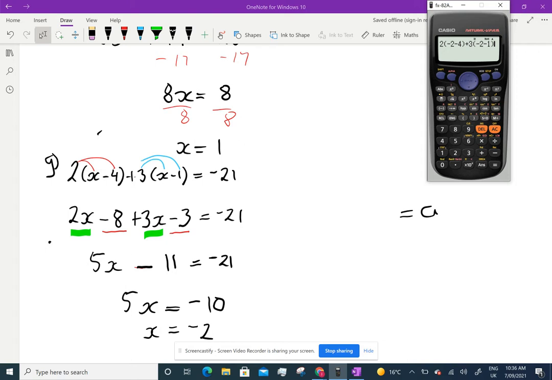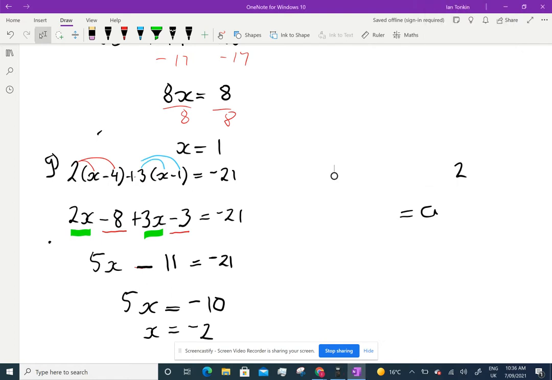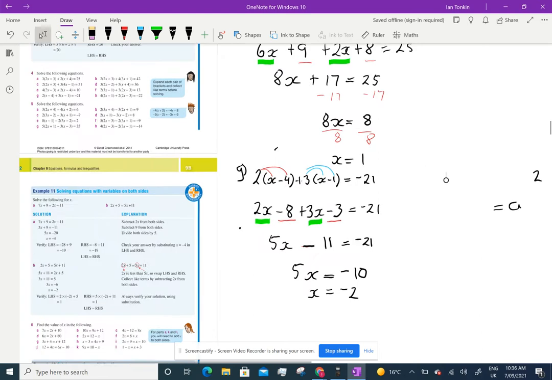And I'm hoping that that equals negative 21. And it does, so we're feeling pretty good. So you're following all the success criteria to achieve success here. That's what success criteria are all about. Solve the equation by doing the inverse operation in the reverse order. Get your answer, see if your solution matches.